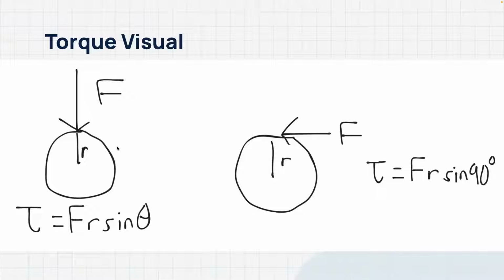So torque is just 0 because it's not going to rotate, it's going to linearly accelerate. But let's look at the second example. Here, torque is equal to Fr sine 90 degrees because the angle between F and R is 90 degrees. That means the torque is just going to be Fr and it's going to rotate. So torque is always a maximum when the angle is 90 degrees, so sine will be 1.